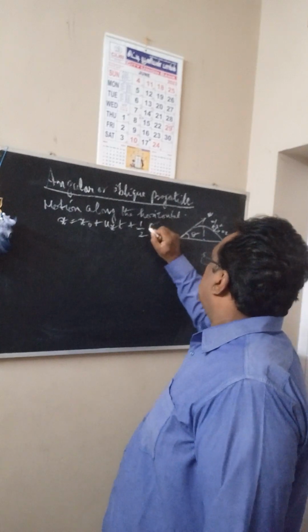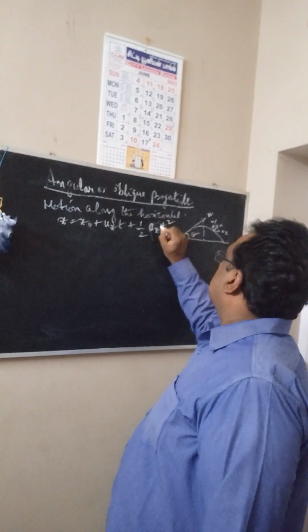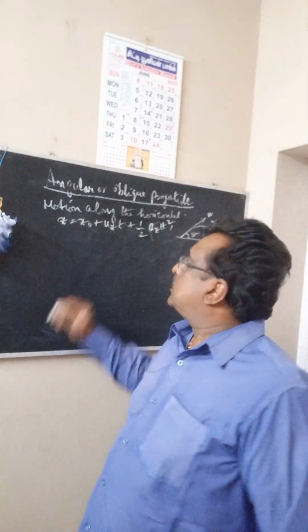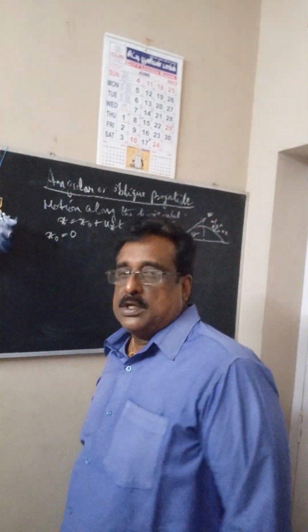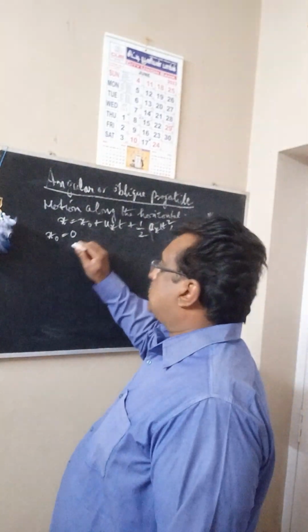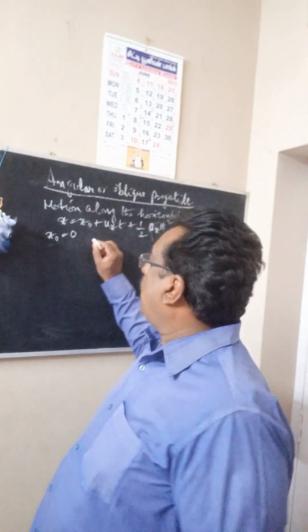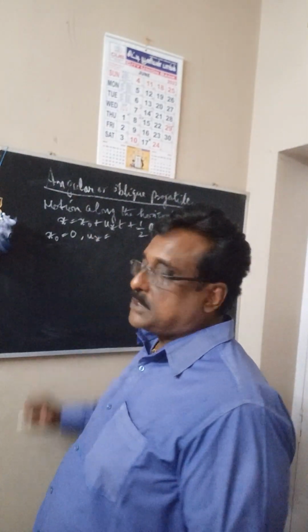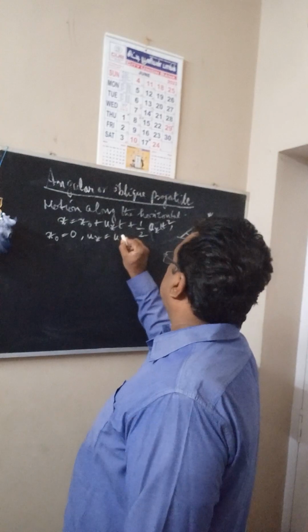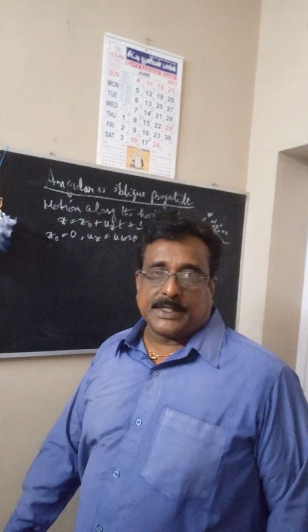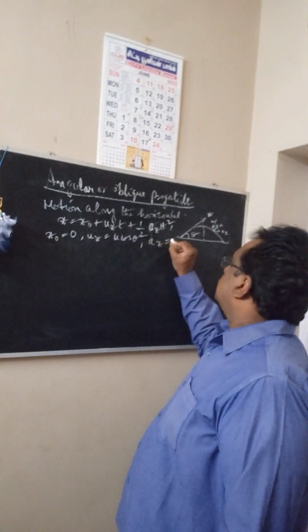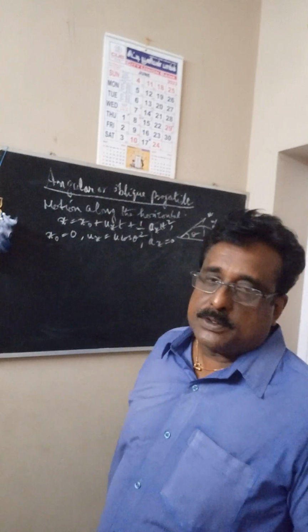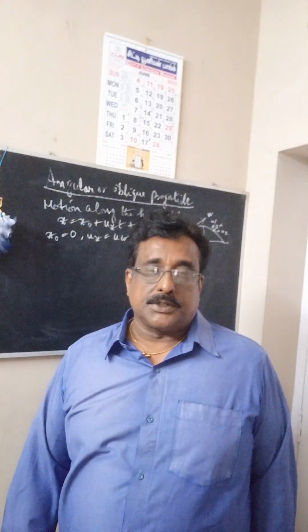Here x0 is equal to 0 because along the horizontal there is no displacement. Resolving the velocity along the x direction, we get u cos theta according to resolution of vectors, and ax is 0 because the acceleration along the x direction is 0.